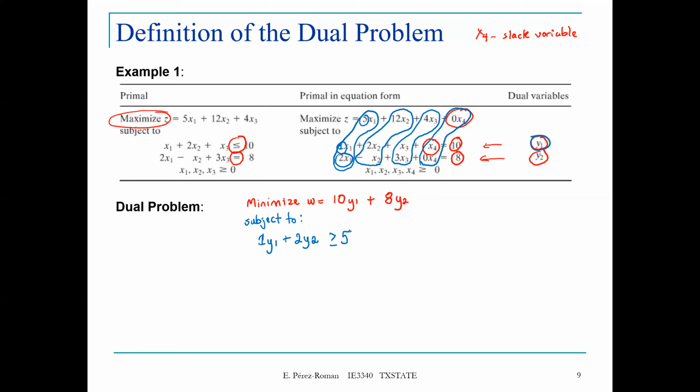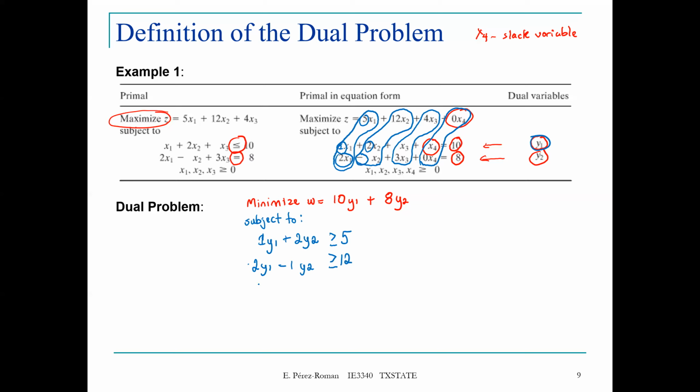And we're going to repeat the process. For the second variable, we define the second constraint based on x2. This coefficient is -1, so don't forget that. So we have 2 times y1 minus 1 times y2 greater or equal to 12.